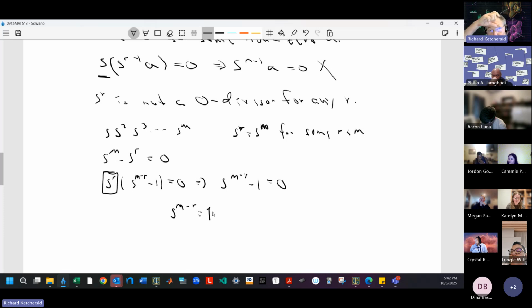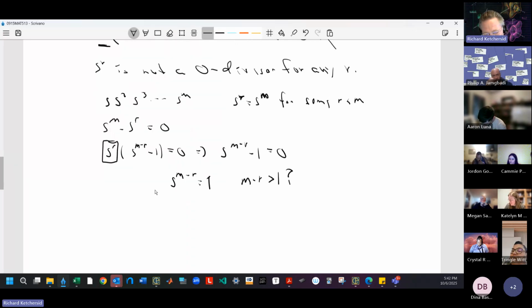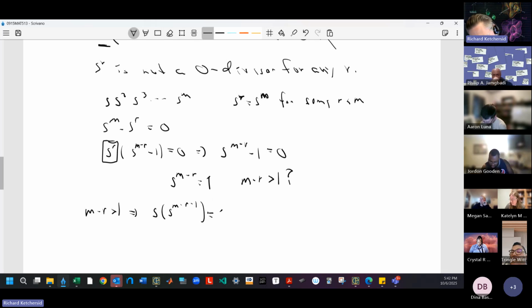Okay, so I guess the only question here is, is M minus R bigger than 1? So if M minus R is bigger than 1, then I can factor out an S. I get S times S to the M minus R minus 1 equals 1.